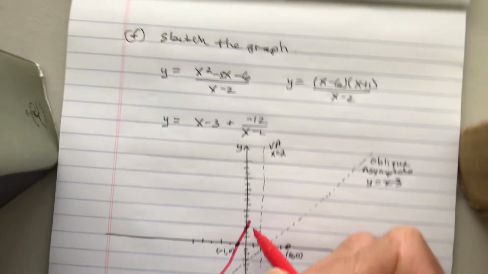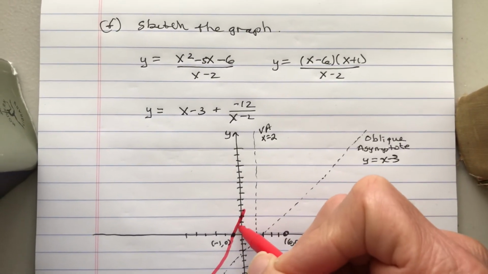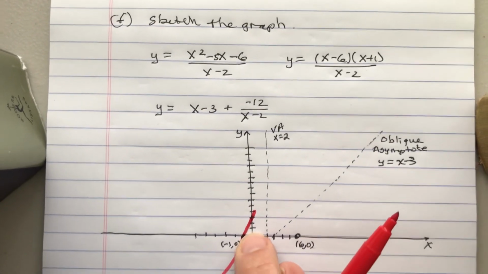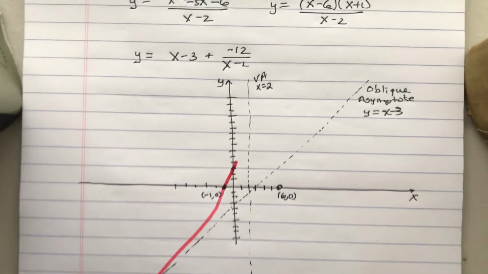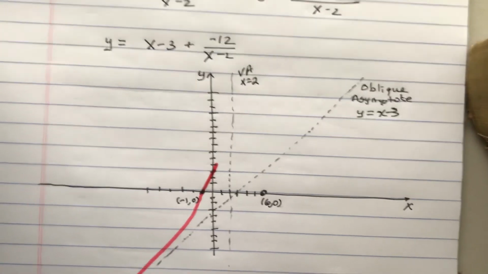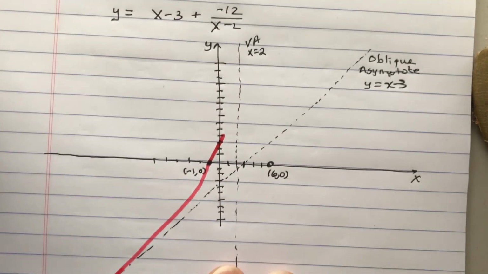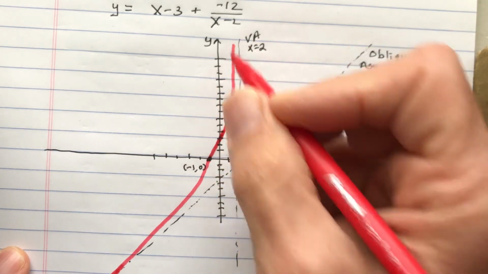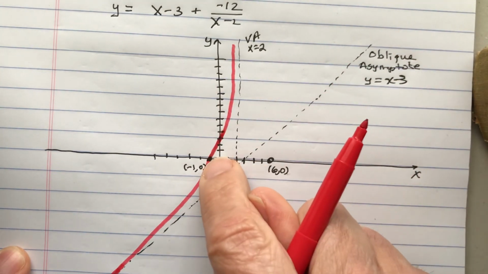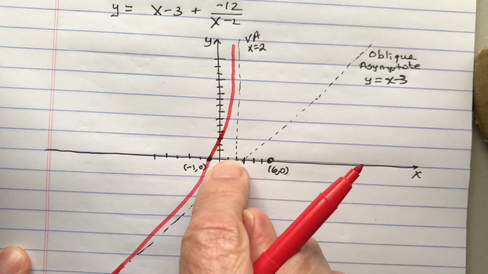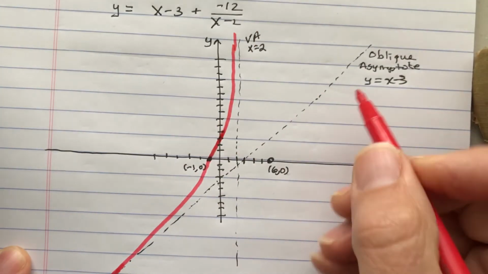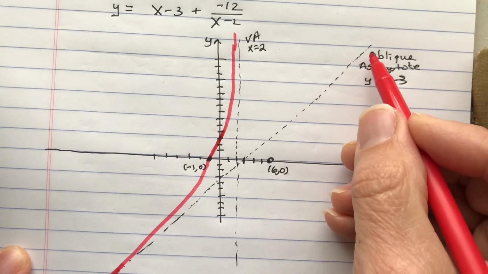Now, according to our sign chart, the function is positive. First of all, it had to be negative over here. Then it had to pass through, and so then it becomes positive. I better just put that where it was. Then it's going to go up. Why would it go up? Because it's positive. It can't go down. It would have to go down and pass through the x-axis again and have another 0. There's no other 0. Now on this side, we're going to be close to the oblique asymptote.